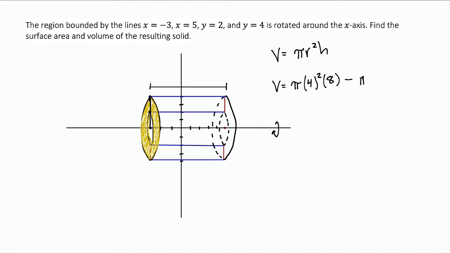That's again pi r squared h. The radius for the smaller one is from the axis out to that closest line, a distance of 2. So that radius is 2 squared times the height, which again is the distance between the x values, which is 8.